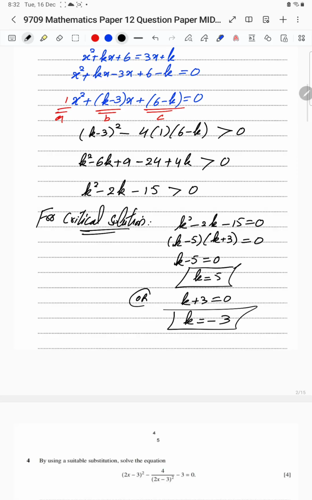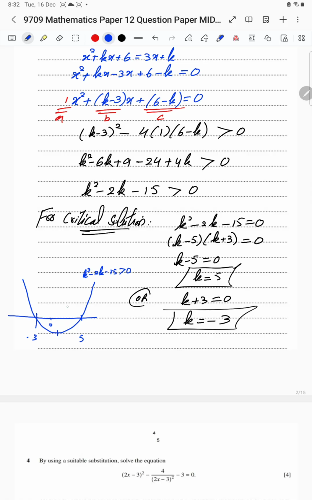If you sketch this roughly, because the coefficient of k squared is positive, it will be a happy face. One value is minus 3, the other is 5. It is like this. In between we have 0 as well. So check this condition. The expression k squared minus 2k minus 15 is bigger than 0.